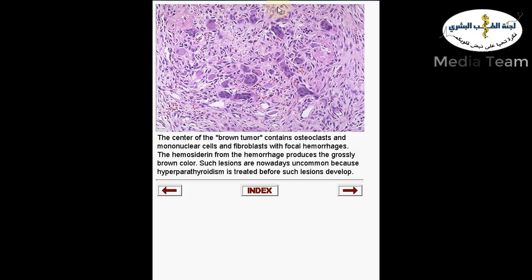We don't see much brown tumor nowadays because parathyroid adenomas are discovered and treated early, and patients are diagnosed early and don't have a lot of bone lesions and bone manifestations.